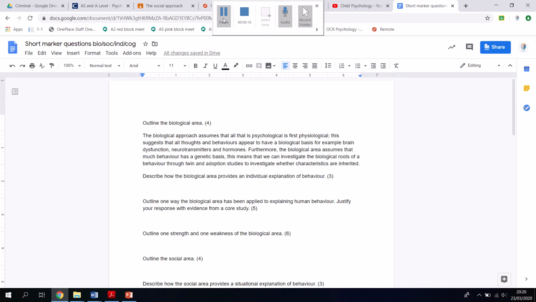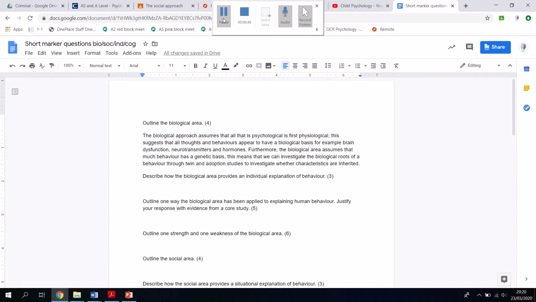So I need to show an understanding of what the biological area suggests, an understanding of what the individual explanation of behaviour suggests, so the individual side of the individual situational debate, and then demonstrate how those two link together. It's for 3 marks, and I've just said 3 things that need to be done in this answer. So in theory, therefore, it's a mark for each one.